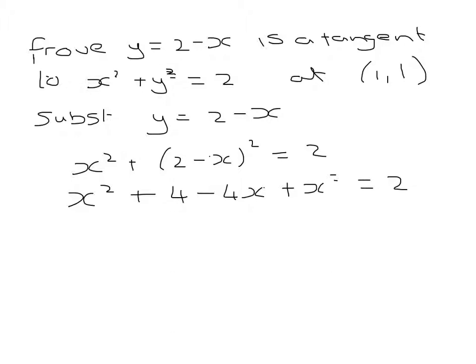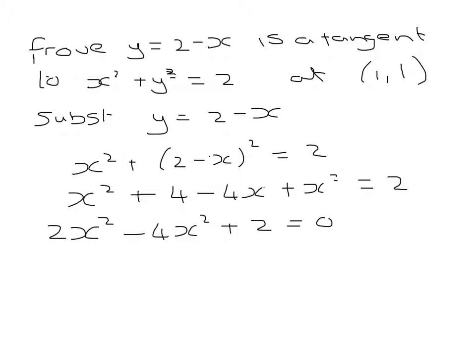So when we expand that out, you're going to get 4 minus 2x, which is minus 4x, plus x squared is equal to 2. Now we've got a quadratic, so we want to set everything equal to 0 and collect all the like terms. 4 minus 2 is 2 equals 0.